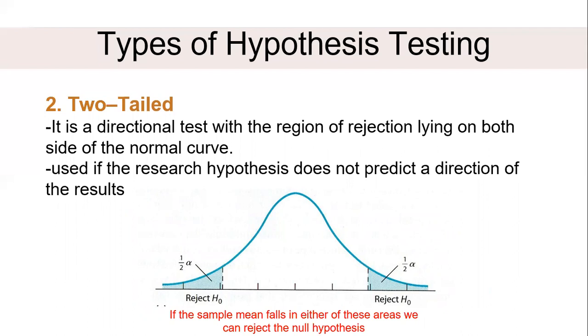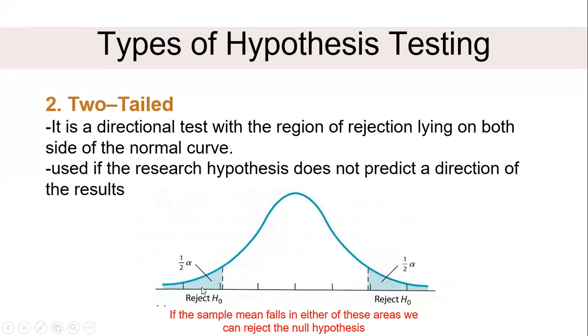However, if you have a two-tailed test, you are acknowledging the fact that the extreme results might be found on the extreme left or on the extreme right. Your rejection region could be found here or here. That's why your alpha was divided into two.